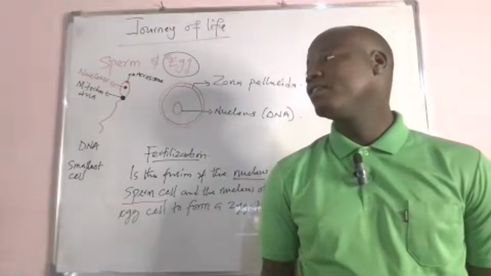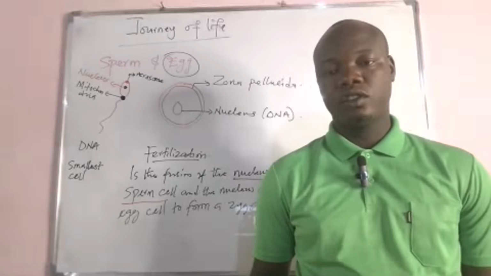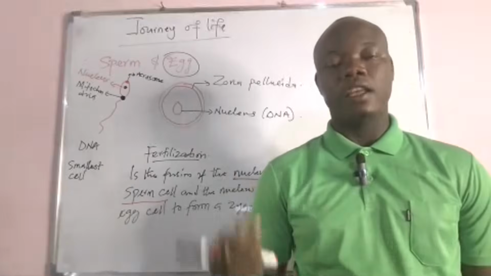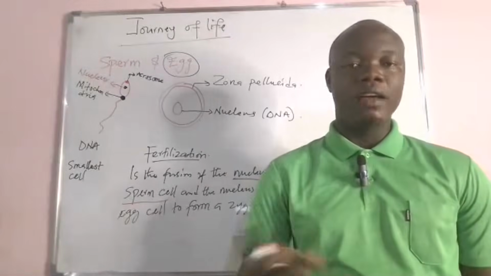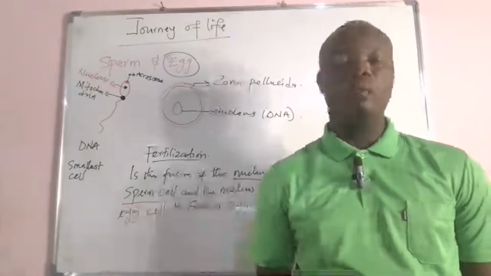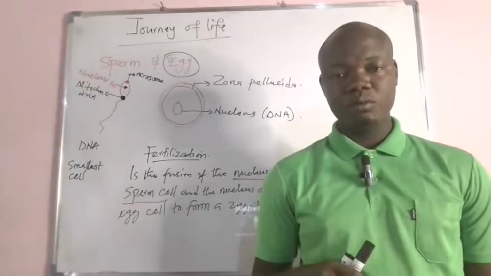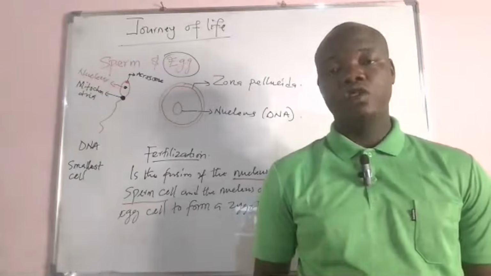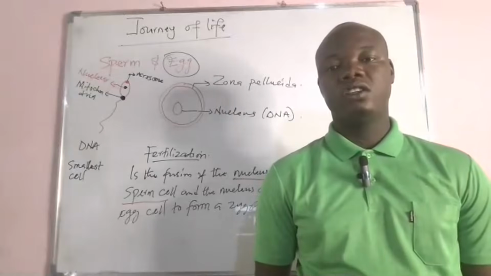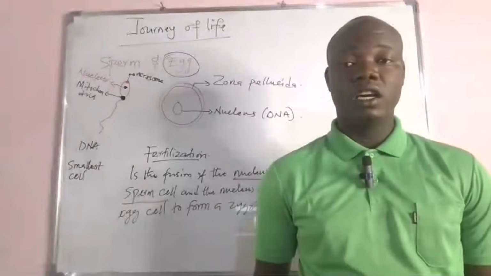But remember, fertilization depends on so many factors that define the fertility and infertility of a male and female. That is what we call the quality of the sperm and the quantity of the sperm a man can release. So a man can have multiple sex with a fertile egg, but he might not fertilize the egg.